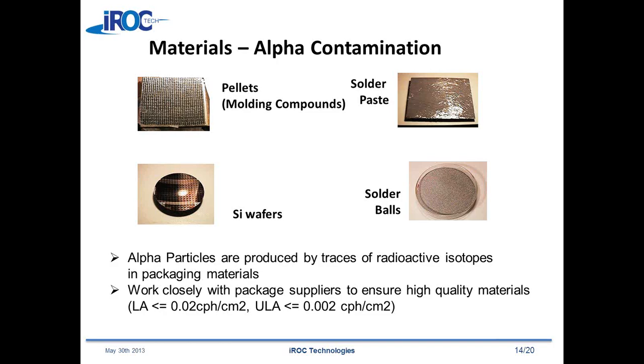It's important that chip designers specify very high quality materials that have a very low alpha emission rate, and potentially that manufacturers perform alpha counting on those materials to validate that their suppliers are really meeting the alpha emissivity rates that are being specified.